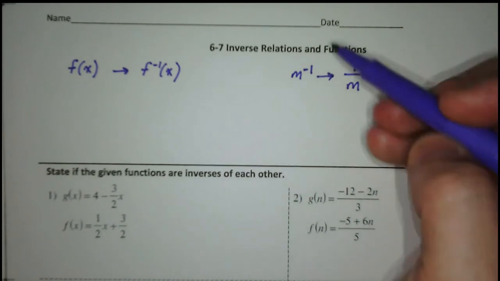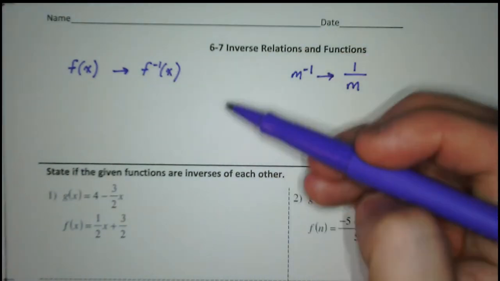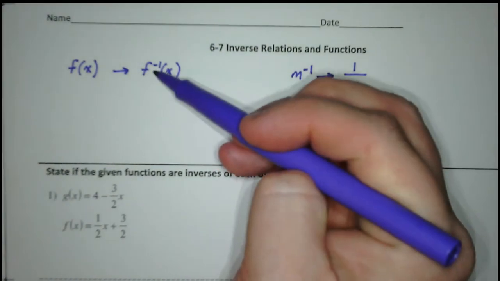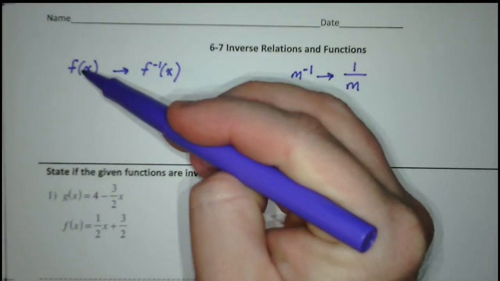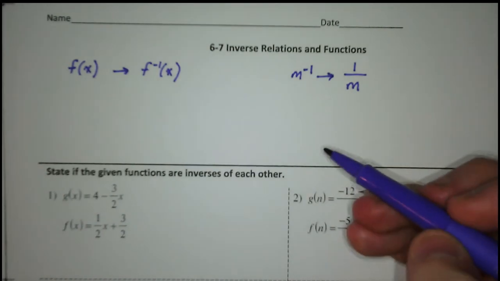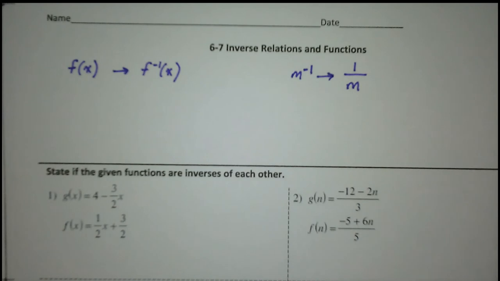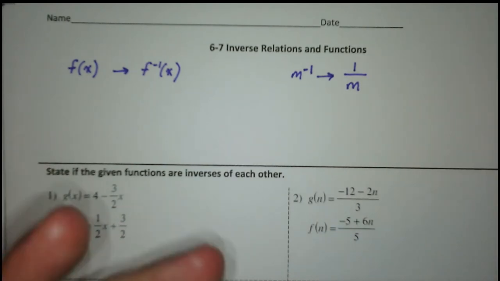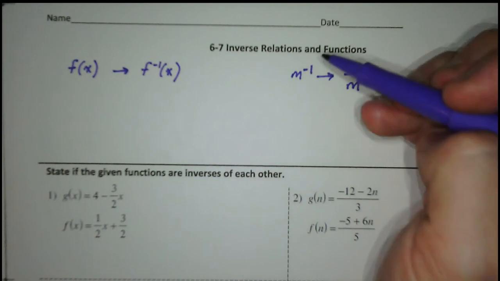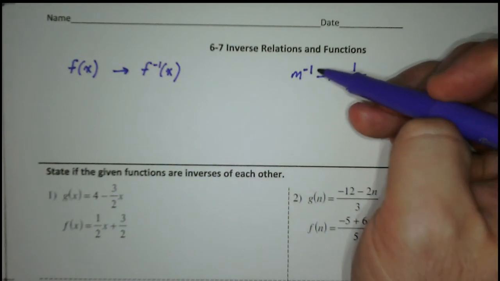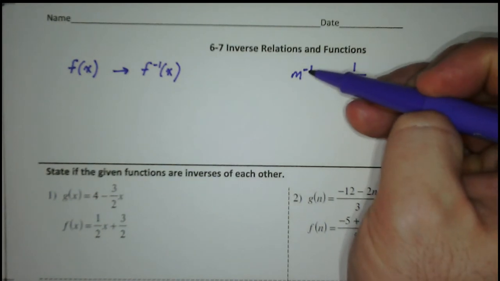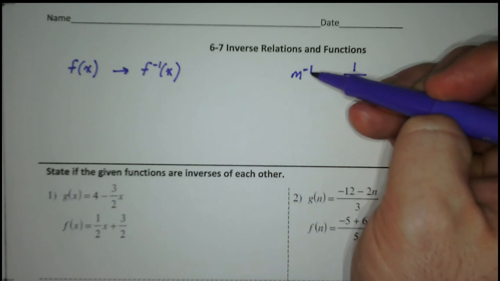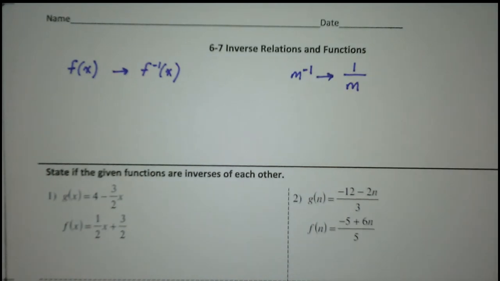And that's why this is misleading, because the inverse of the f function does not mean you just flip it. At the risk of repeating myself, up until now, when you see a negative 1 that looks like a power, it essentially means you flip it.